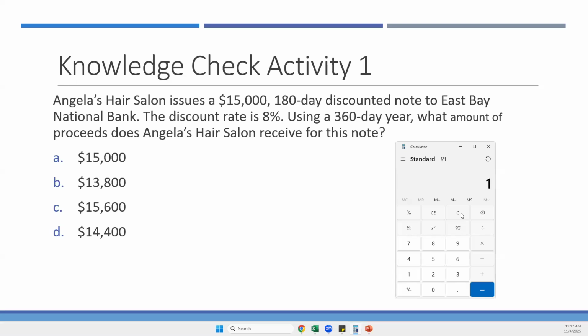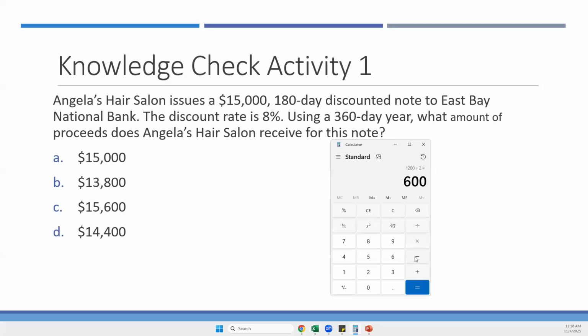To calculate how much the bank gives for this note, we take $15,000, which is the face value of the note, times 8% interest. And 180 days is half of a 360-day year, so we divide that amount by two. $600 is going to be the amount of interest that's owed on this note.